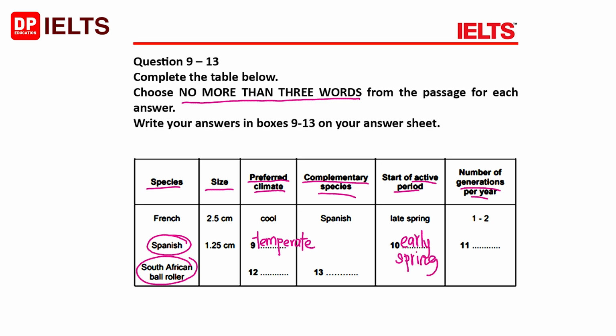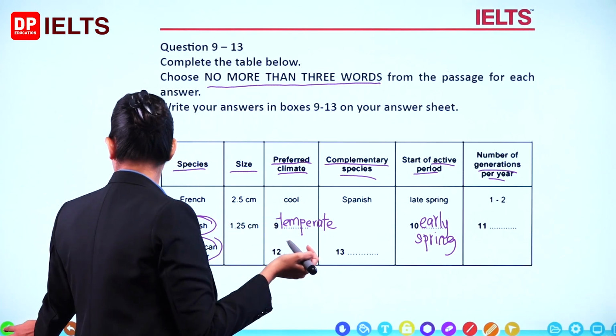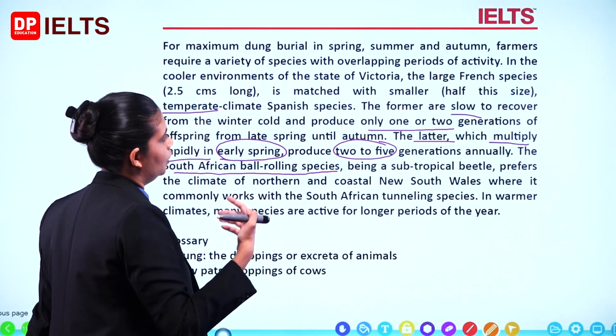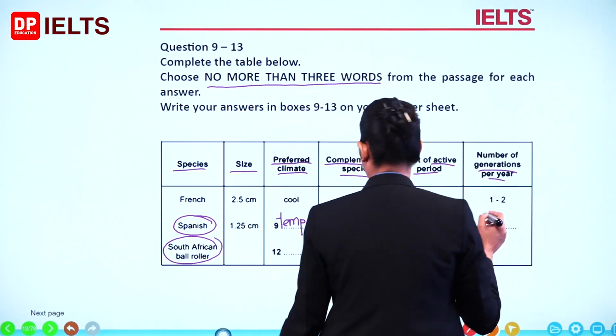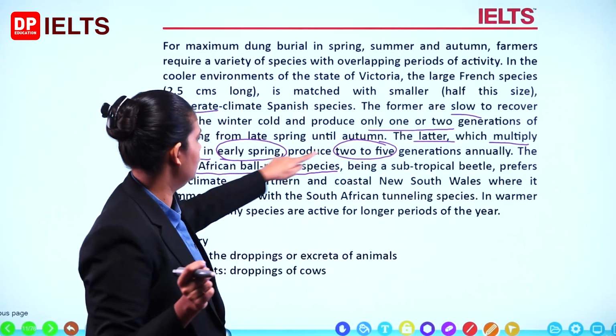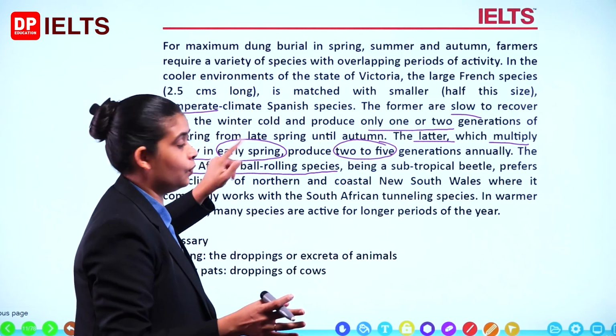Now here comes the question, can you write numbers or should it be words? Now it says no more than 3 words, right? So here also it gives you the words. So I would like to keep it in words, okay? Remember, 2 to 5, not 1 to 2, that is not producing that, that's slow.